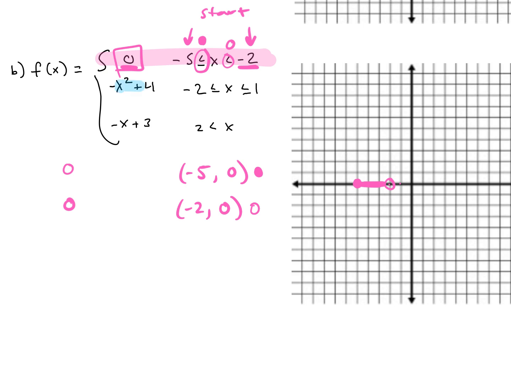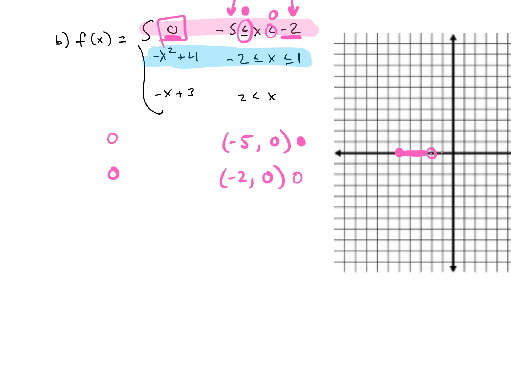All right, let's do our second piece of the graph. What number are we going to start plugging in here? -2. We always start with the numbers that are given. So -2. We have -(-2) squared plus 4. That negative is on the outside. Make sure you follow your order of operations here. So we have to square it first.